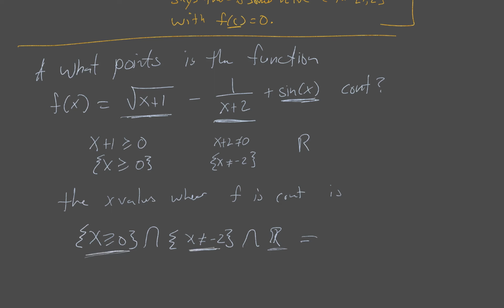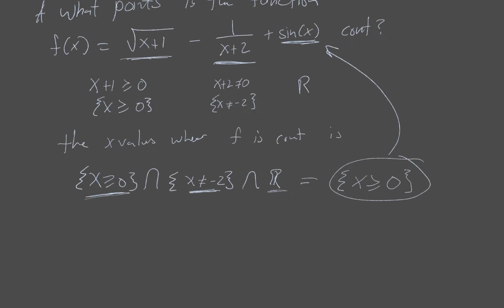I don't really have to actually take it away because I've already taken it away when I required myself to be bigger than or equal to 0. So the intersection there is x is bigger than or equal to 0. This will be all of the points where that is continuous. Okay, so finding where a function is continuous, we can break it down into pieces and take their intersections to see where we have continuity.